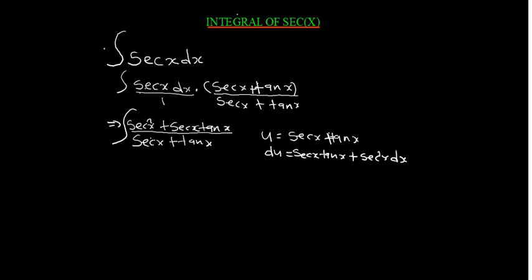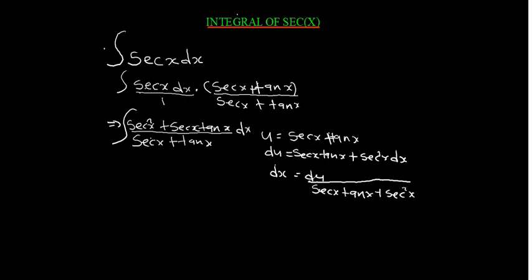Meaning that we make dx the subject of the formula. So dx is equal to du over sec x tan x plus sec squared x, like that. When you replace here, there was the dx there, right?